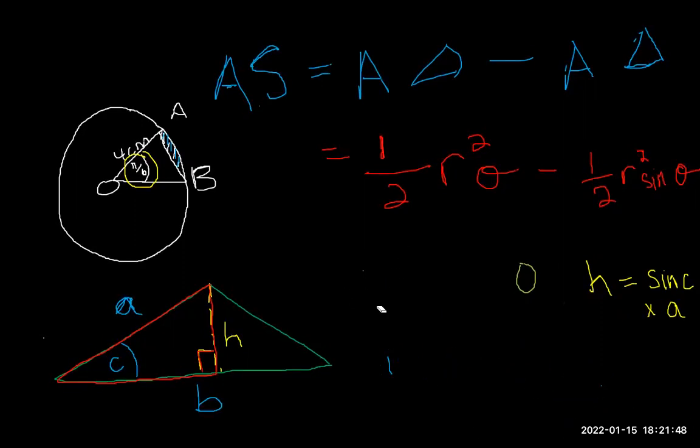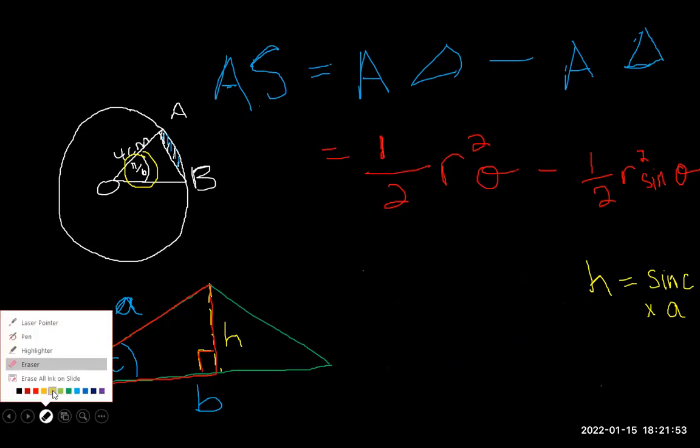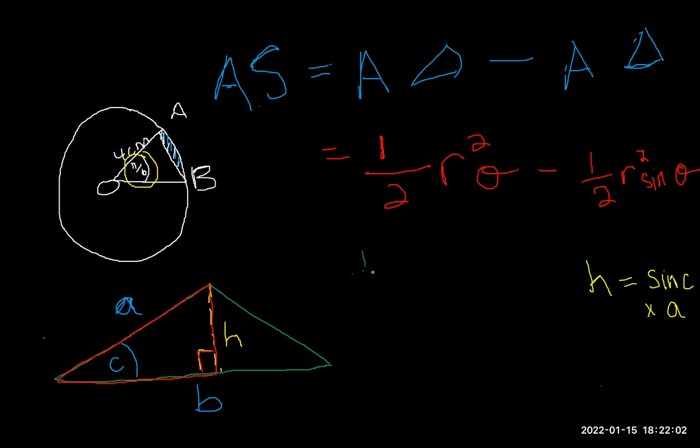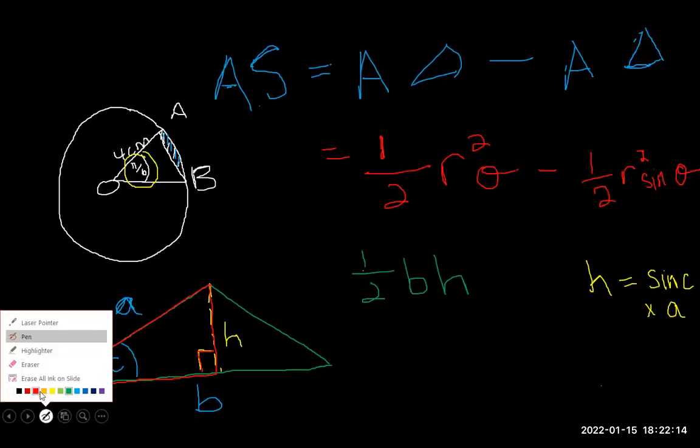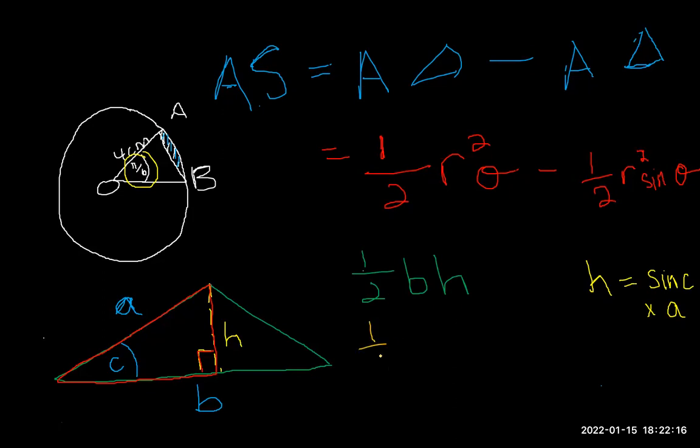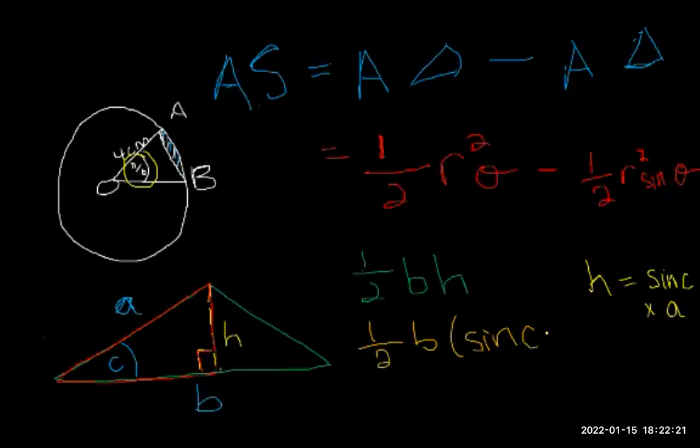Back to our original formula for the area of a right angle triangle. What's the formula? A half base times height. If I just found out that h is sine C times A, I can replace the h with that to get a half b times sine C times a.